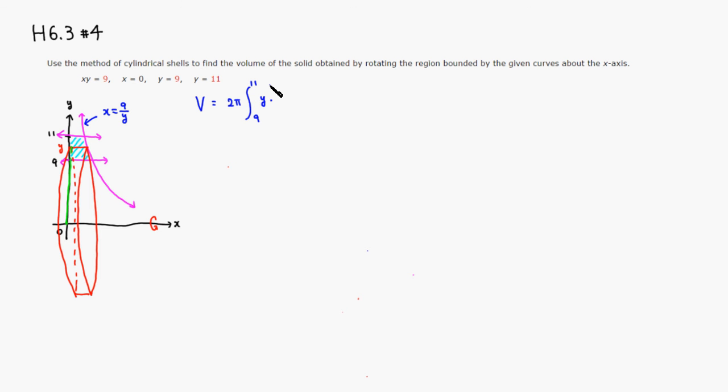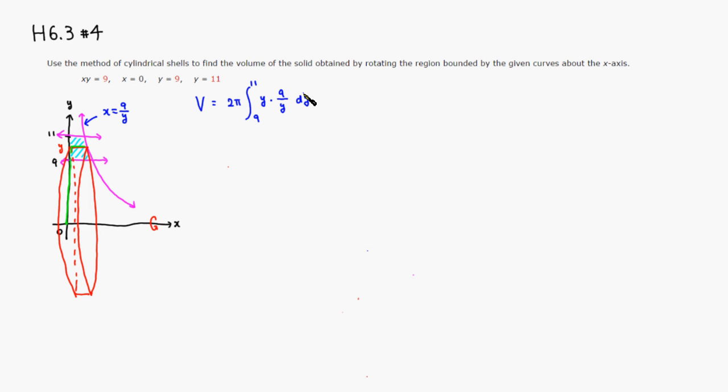Then multiply by the height, which is determined by this 9 over y, so the height is simply 9 over y. We're doing this with respect to y, so dy.